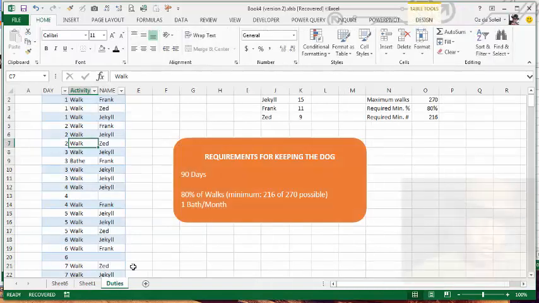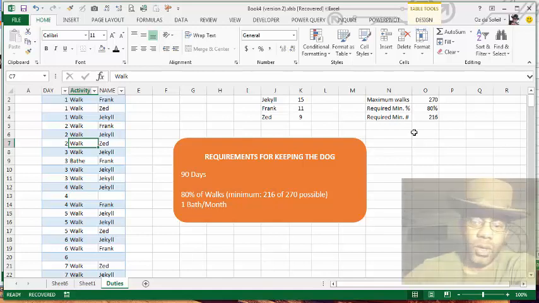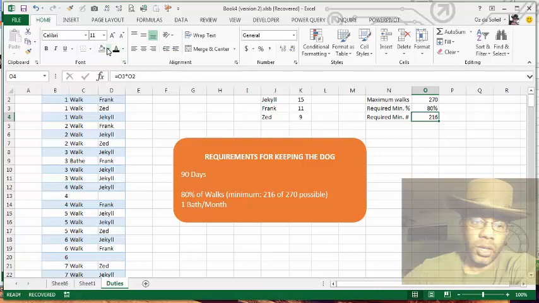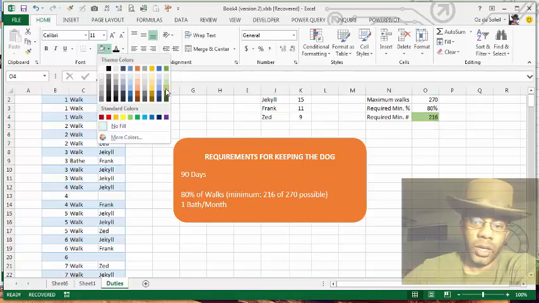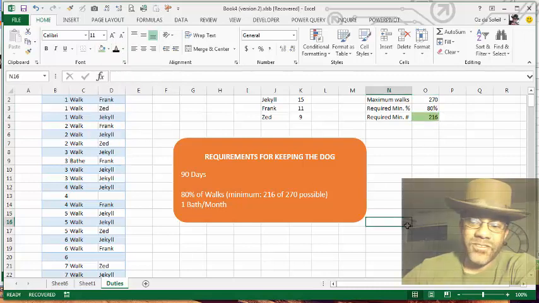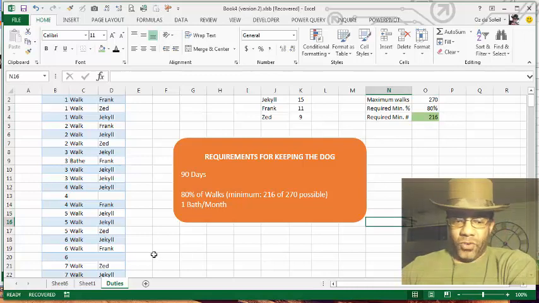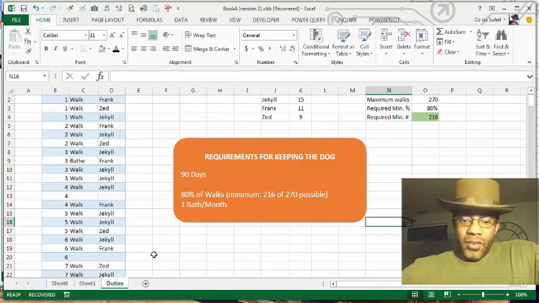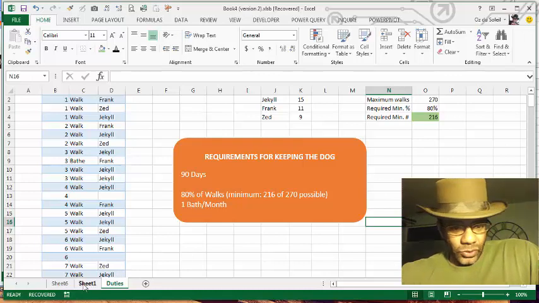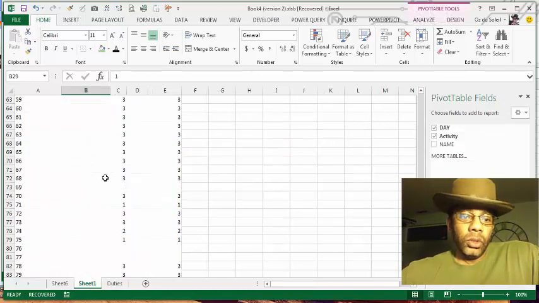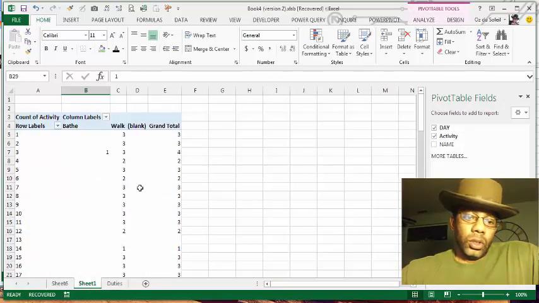How does that look? We looked for a number equal to or above 216. Okay, so let's go ahead and give that a green highlight. I really was hoping for that drive up to Canada. Okay, but let's look at some other things.